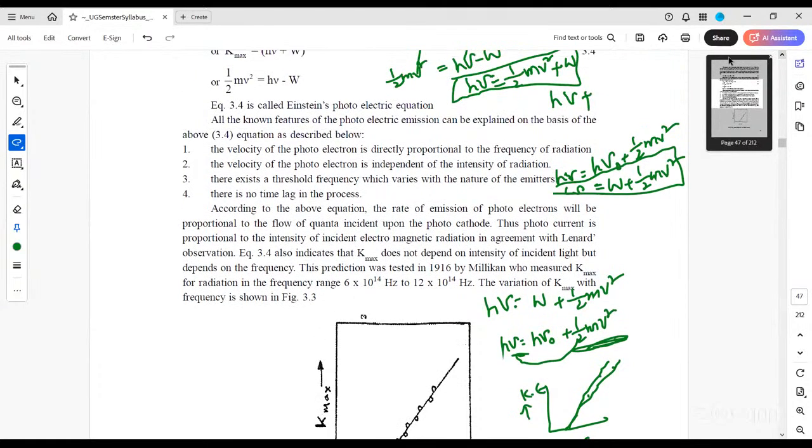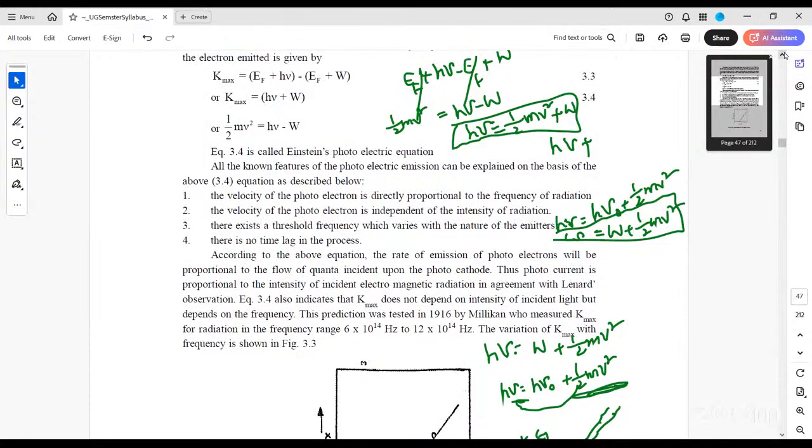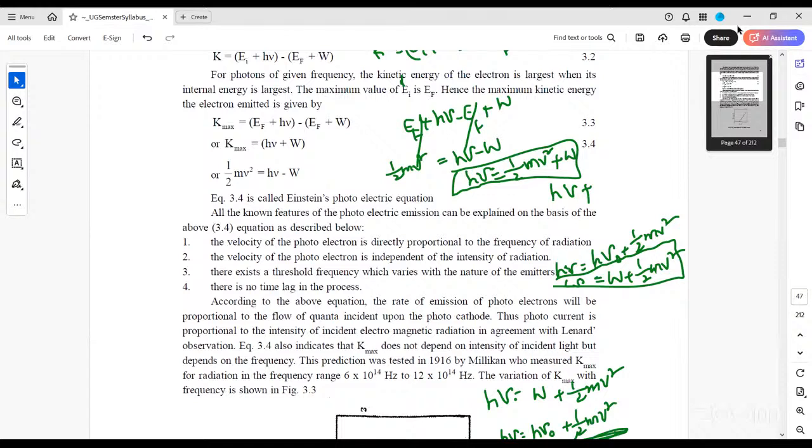This photoelectric effect is from equation 3.4. What is equation 3.4?